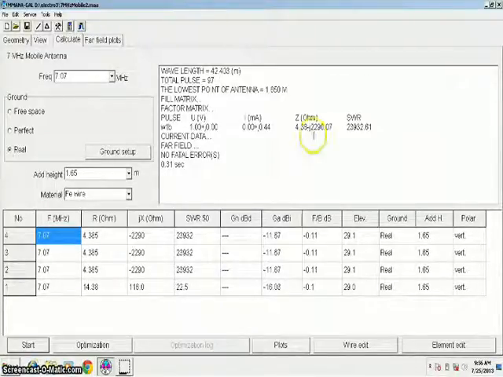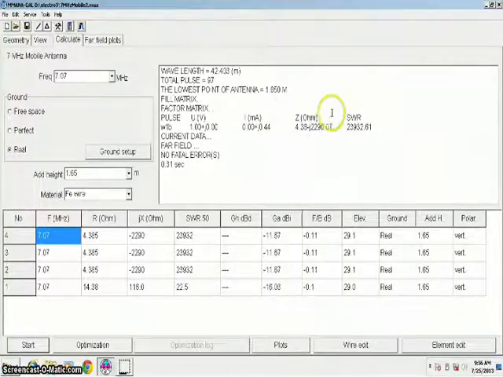Minus J here means this antenna has capacitive characteristic or too short, need to be lengthened, or needs to be added by loading coil here.